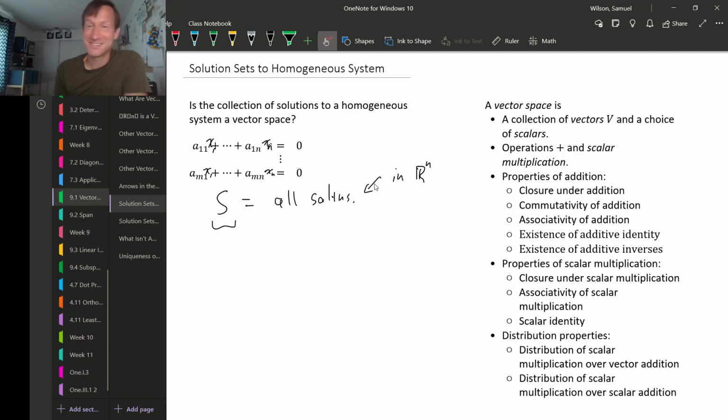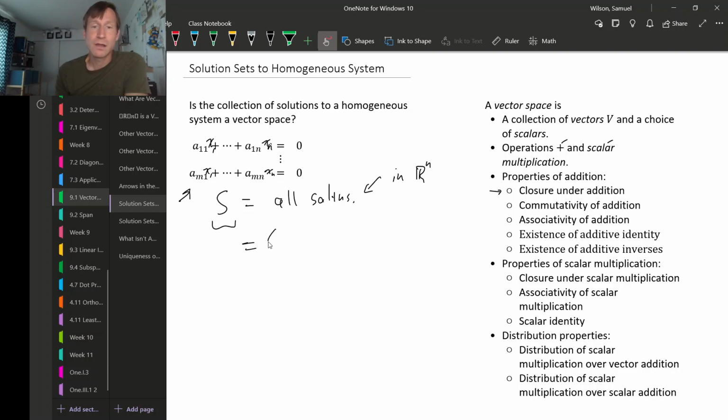So careful there, right? Okay, so let's check to see if this collection of solutions to this homogeneous system is a vector space. Since these vectors are all in Rn, we already have a sense of addition and scalar multiplication. But one thing that we can't at all be sure of is closure under addition. So how could we check that? Well, remember, we know a lot about what a collection of solutions to a homogeneous system looks like.